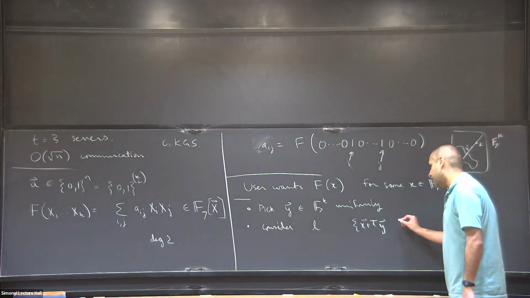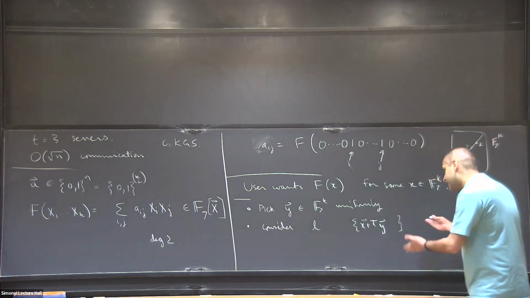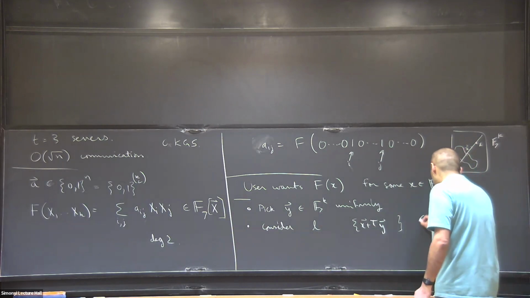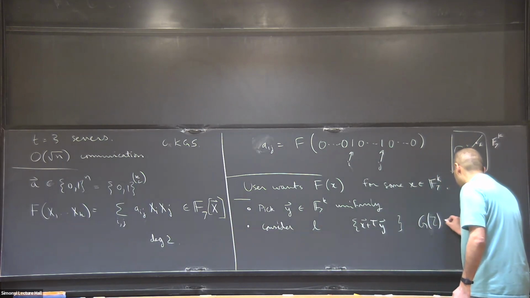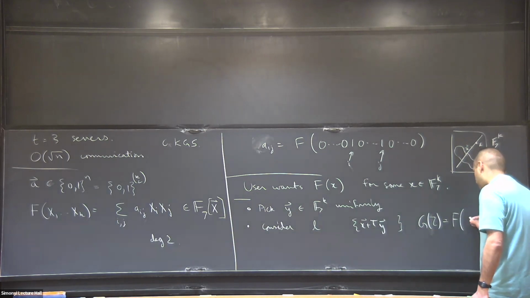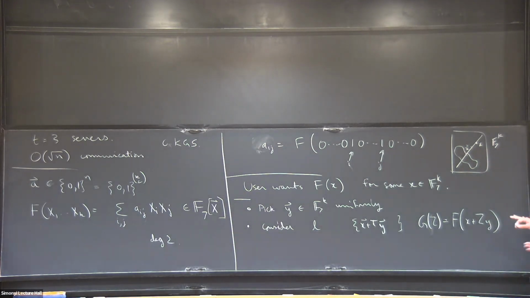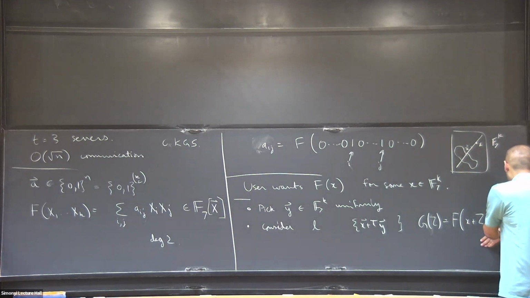And what we're really doing is we're looking at this composed polynomial, g of z equals f of x plus zy. This is the composed polynomial. It is degree 2.